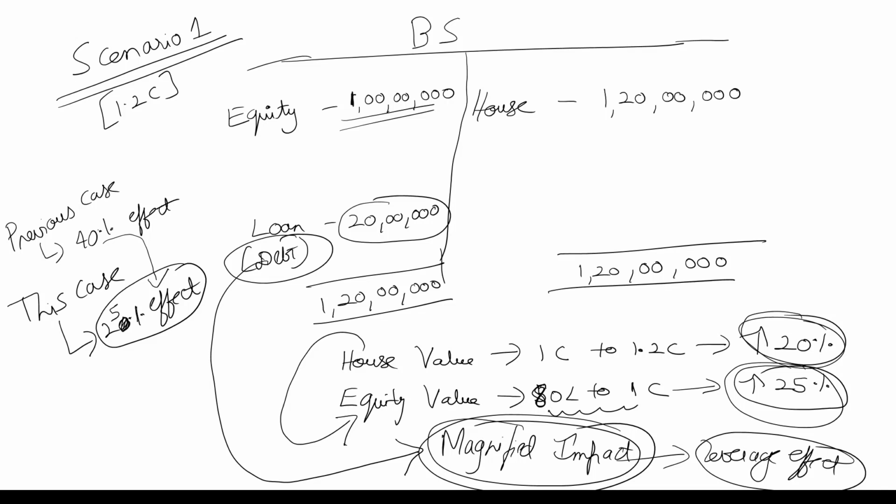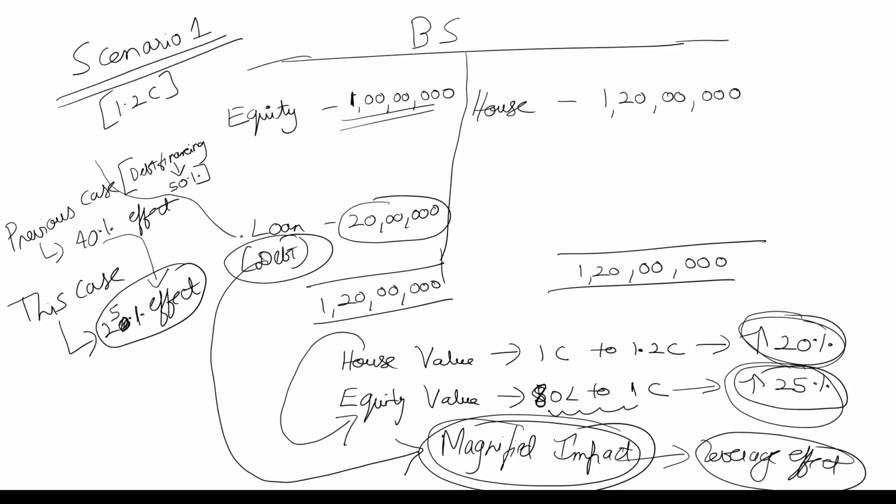This is an important observation I want to make. Why has the magnified impact reduced? It has reduced because the proportion of debt financing has also reduced. In the previous case, my debt financing was 50%. 50% of the house value came in the form of debt.